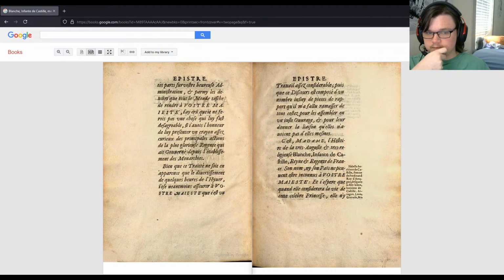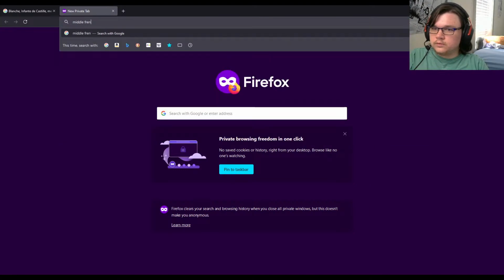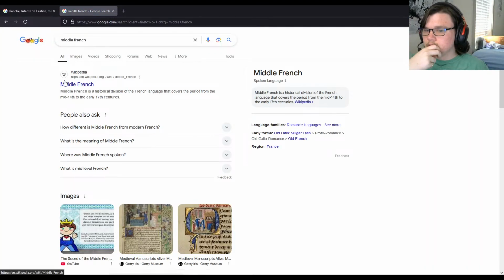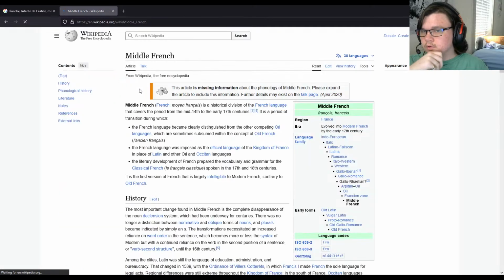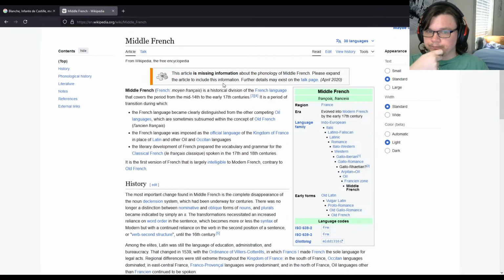Oh man, it's going to be old because it's 1600s, or well, I think this is Middle French. What counts as Middle French? Early 17th century. There we go, so I am right.